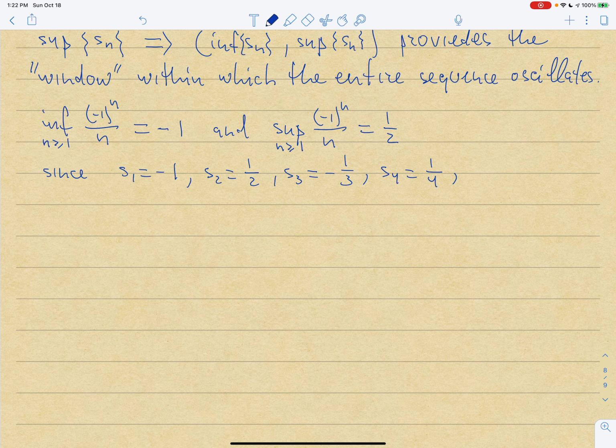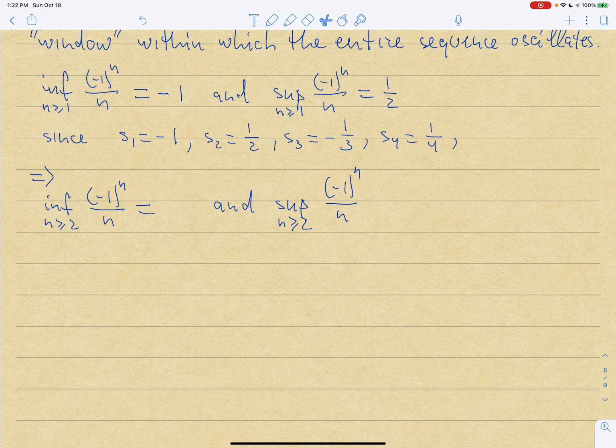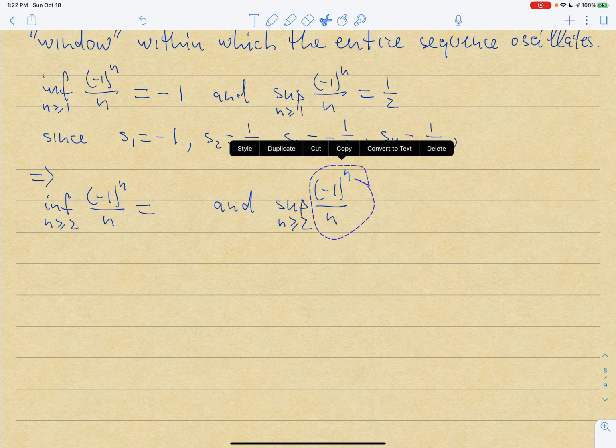And so instead, let's try to take an infimum when n is greater or equal than 2, starting from the second element, and I also want the supremum starting from the second element, n greater or equal than 2, again of (-1)^n over n. So what are the infimum and supremum here?